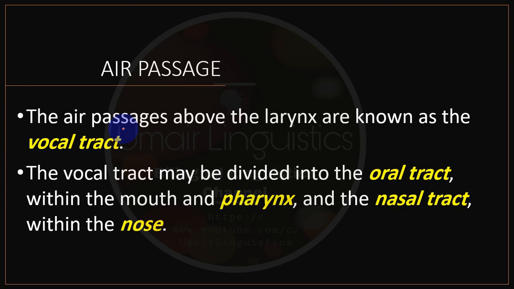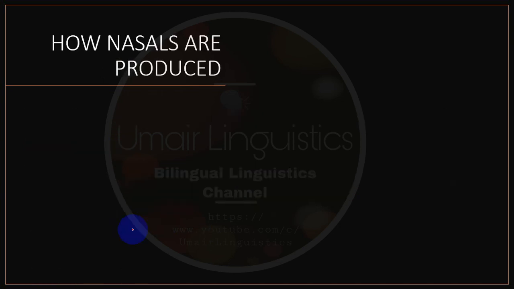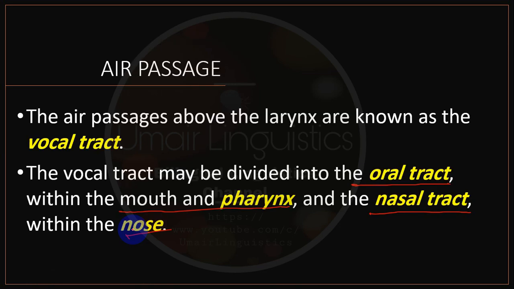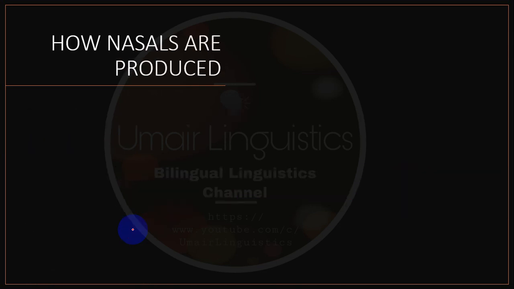I'll show the picture of all these. The vocal tract may be divided into the oral tract within the mouth and pharynx, and the nasal tract within the nose. In this way we can divide the vocal tract further. I'll show you the picture after a while.